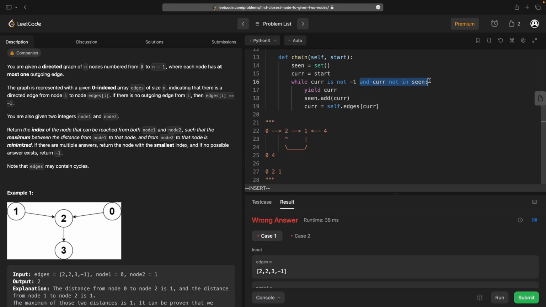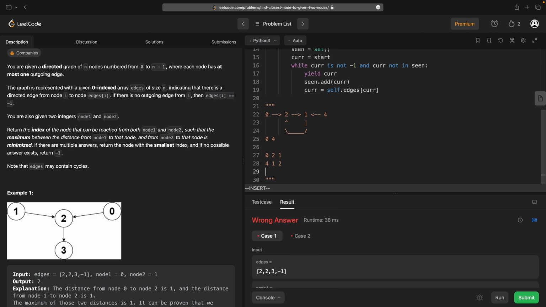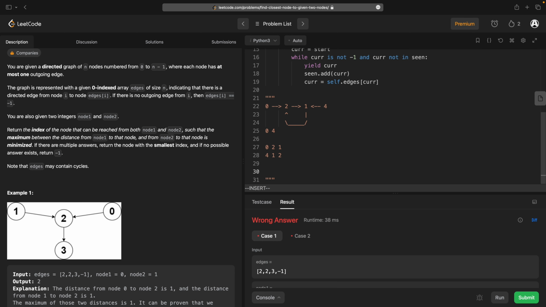So I have to make sure I don't cycle. Whereas if I start at 4, 1, 2. So the options are 1 and 2, both valid, so I should pick 1.